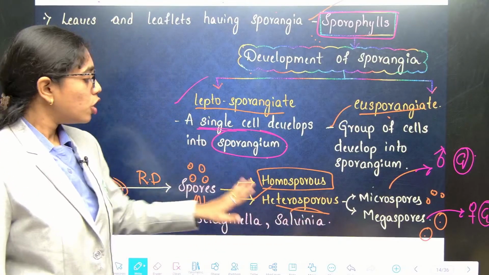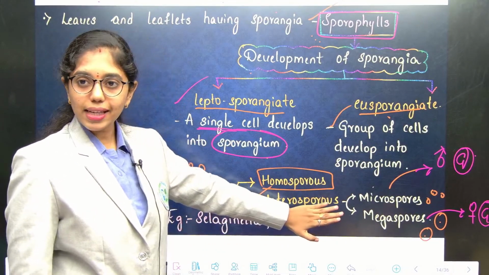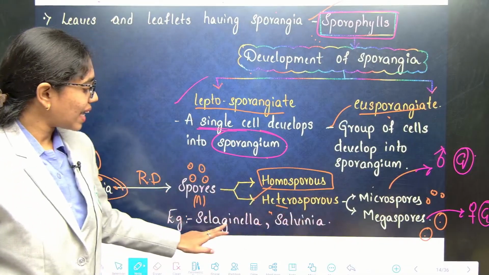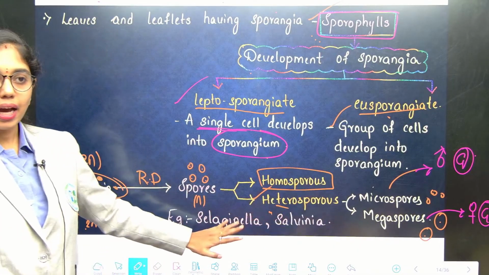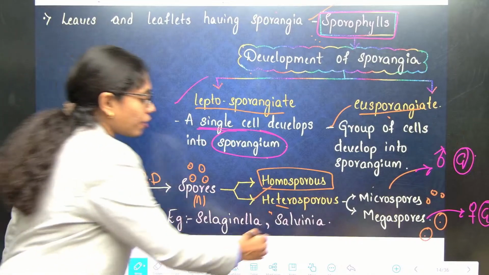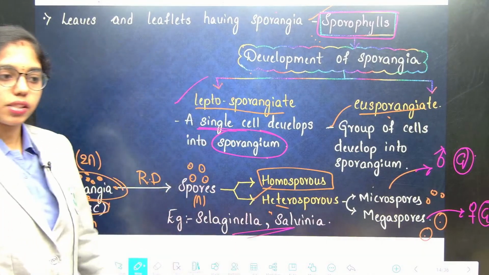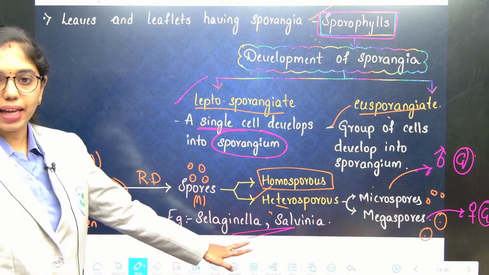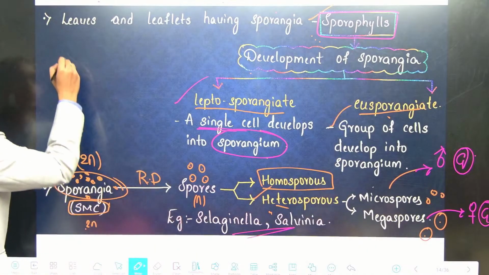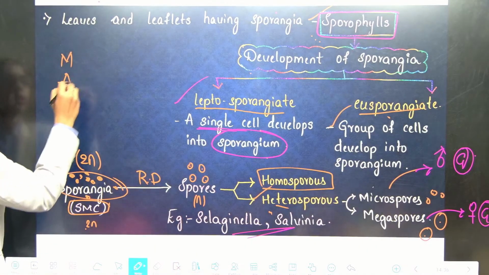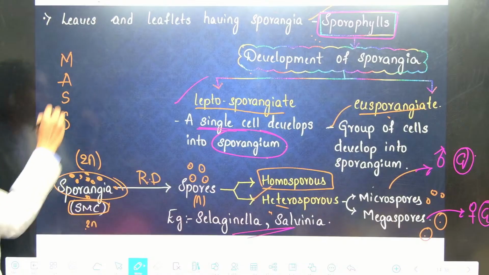Pteridophytes. Okay. So to remember the examples easily, Selaginella and Salvinia are the heterosporous condition. They are first observed in Pteridophytes. Okay. These are the examples in the NCERT. But along with this, 2 more examples. For that the mnemonic I give is MAS. Okay.